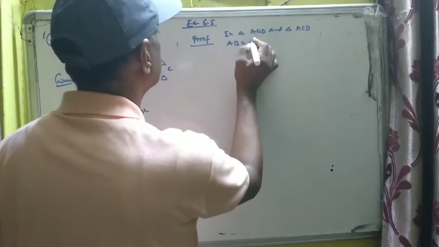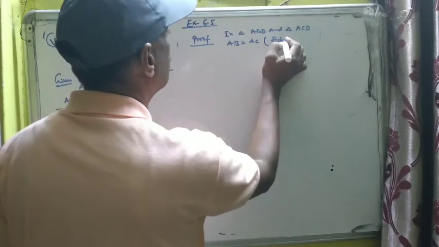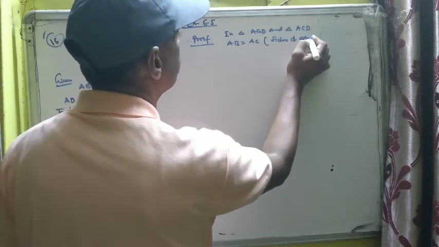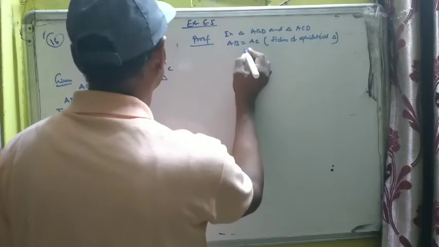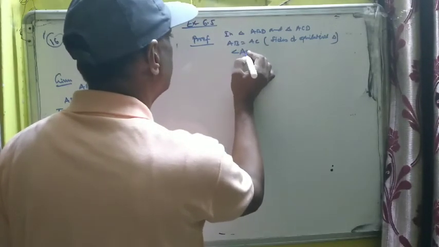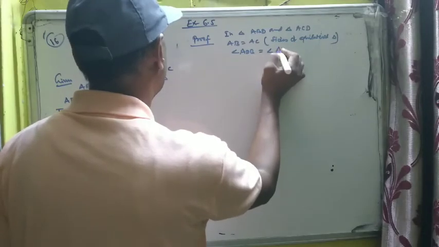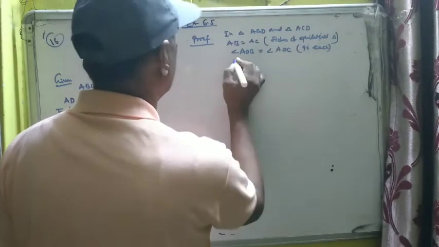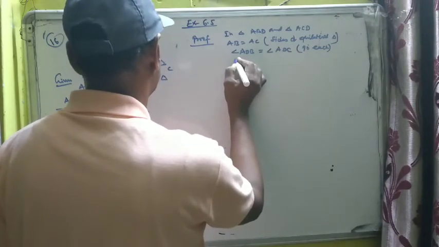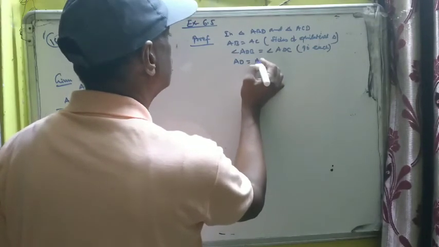AB equal AC, sides of equilateral triangle. Number 2, angle ADB equal to angle ADC, 90 degree each, and AD equal to AD.